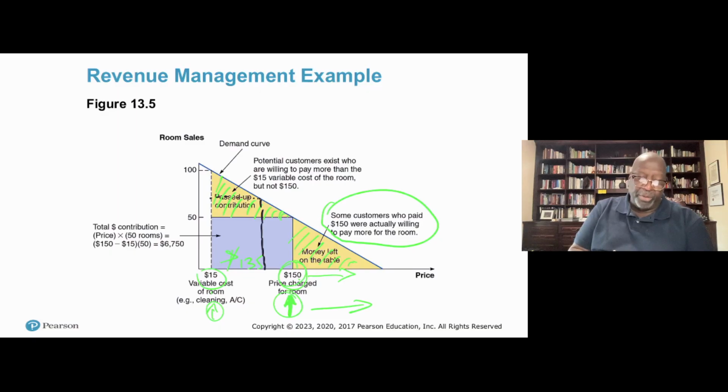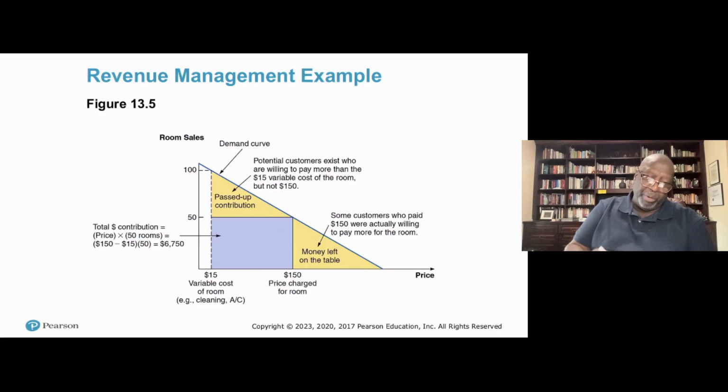If you set your price down here, then all of this is what you are leaving on the table, and you're passing up a smaller amount. Knowing what your variable price is, you could actually determine where you want to set your price.